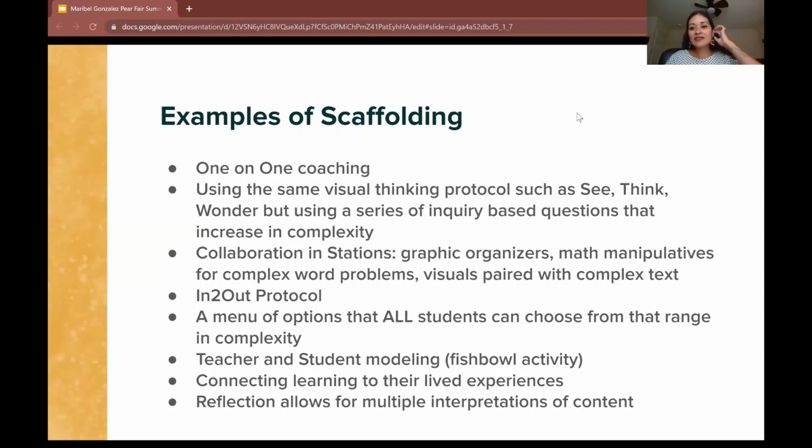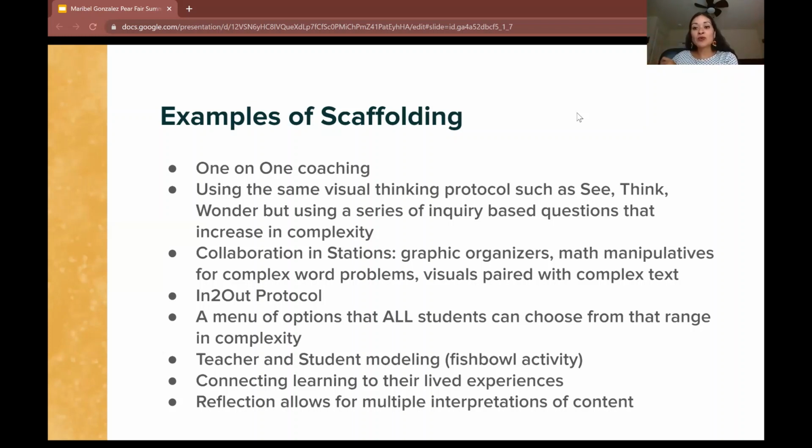So what that means is we're using a visual thinking strategy that you love, right? Like pick any one. And in order to get students practiced on this one strategy, you can use it several times a week. But as you are using it, it's to address the same standard or answer the driving question or understand the theme, but it varies in complexity as you move throughout the week.